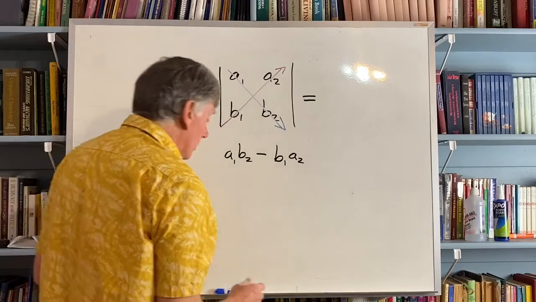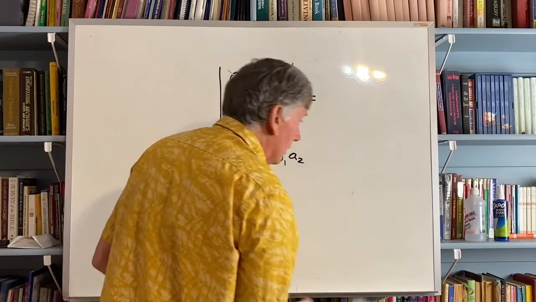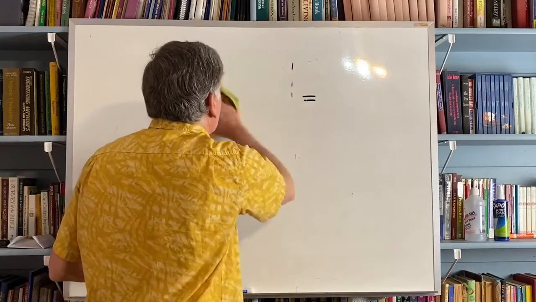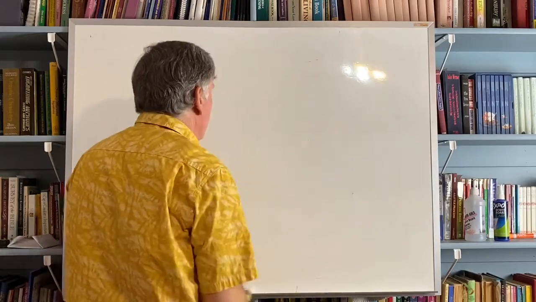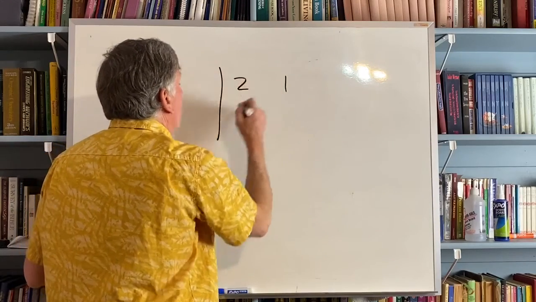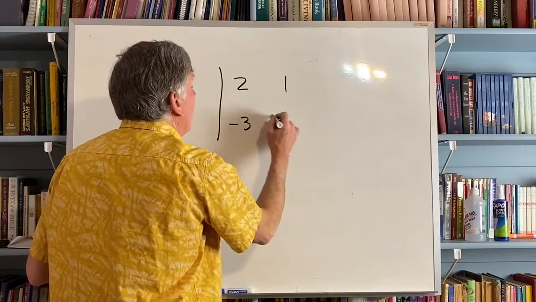For example, let's suppose that we have the determinant 2, 1, minus 3, 8.